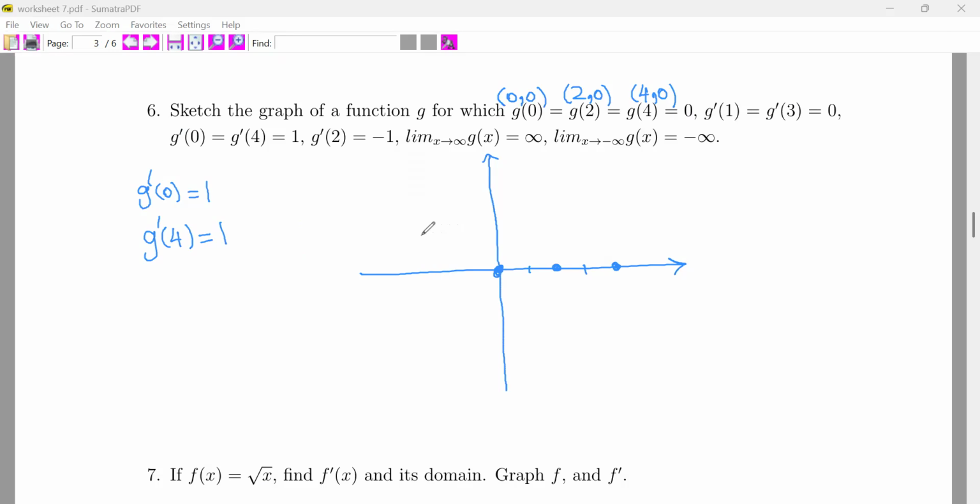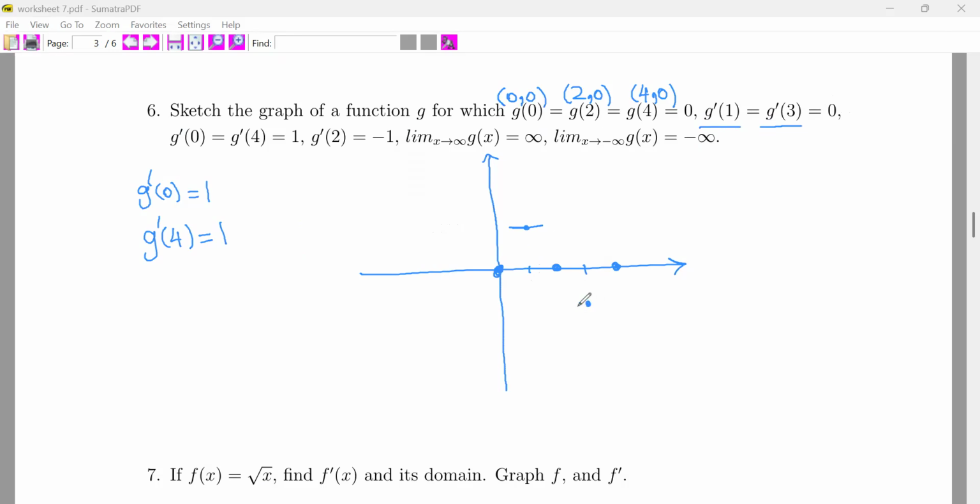Also, we have g prime of 1 and g prime of 3 equal to 0. It means that at 1, we have a horizontal tangent line. Also at 3, we have a horizontal tangent line.